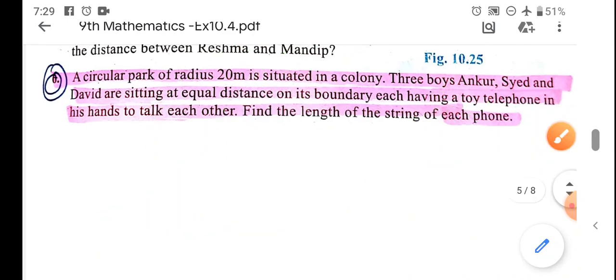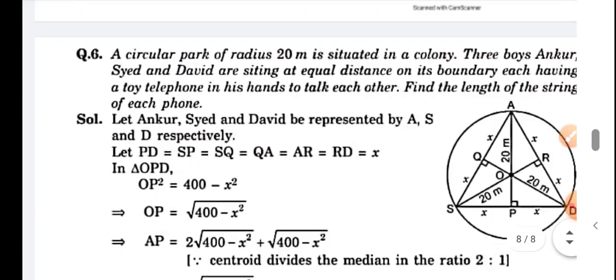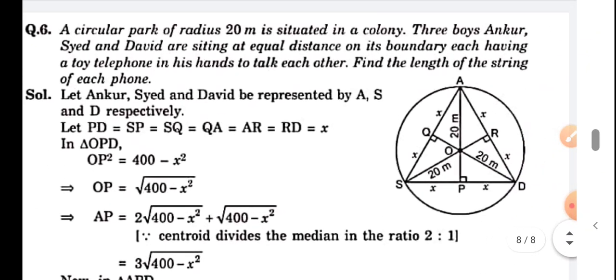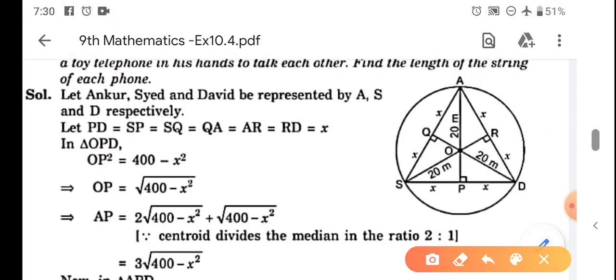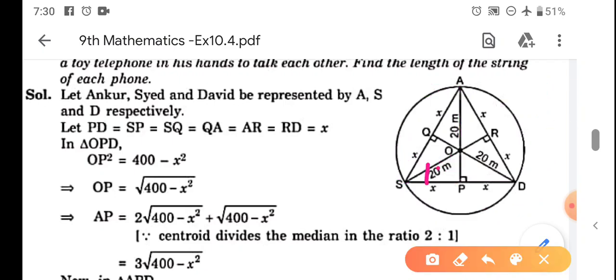In place of h you can also take y. You can see here, Ankur, Syed and David are sitting, so we have taken the distance as 20 from the center. I have taken 2x here, and use the Pythagoras theorem firstly in this diagram, and then use the Pythagoras theorem in the complete diagram.